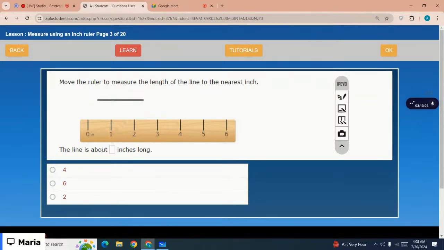The correct option is yes, 2 inches. The correct option is 2 inches.